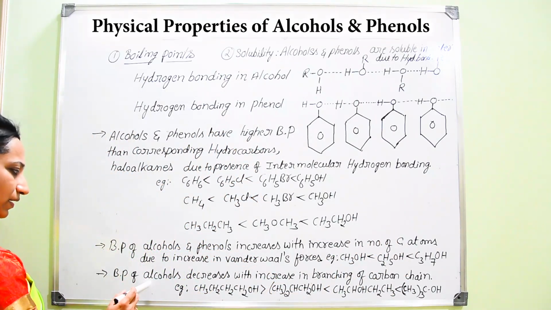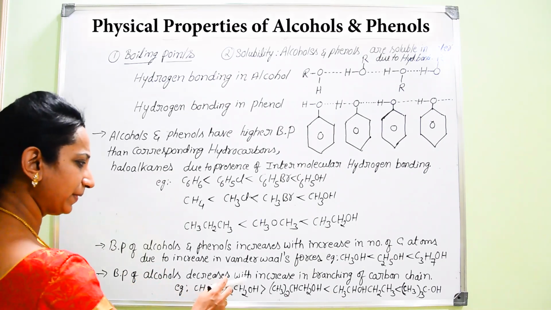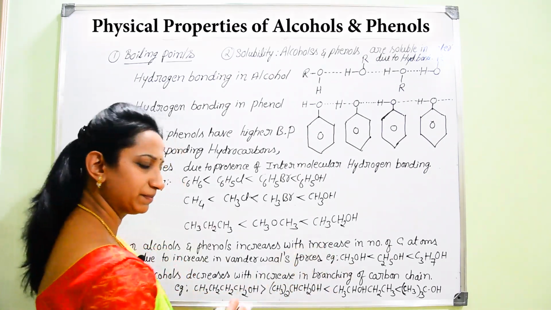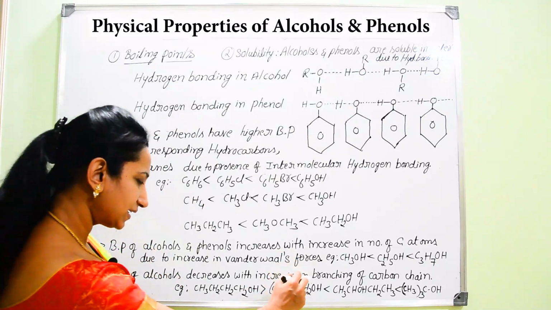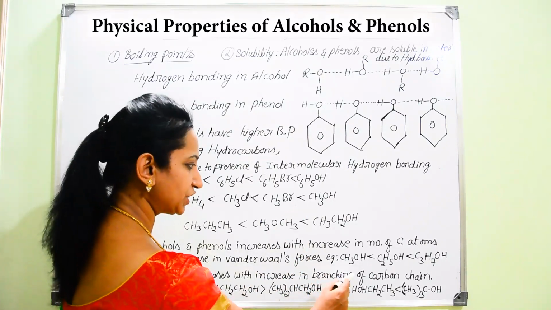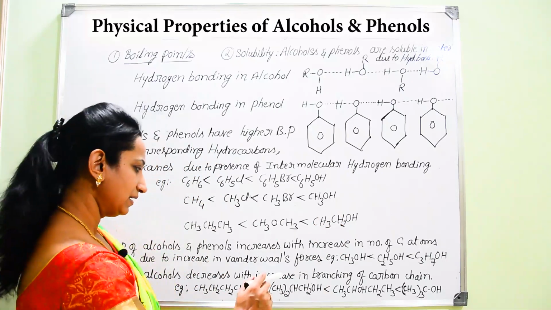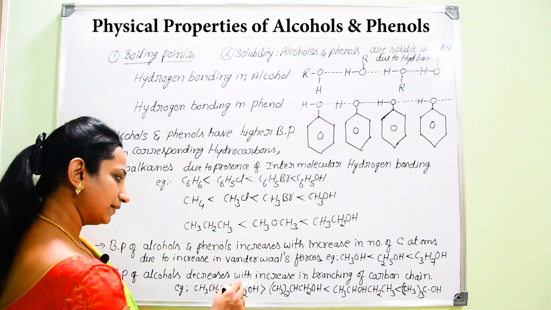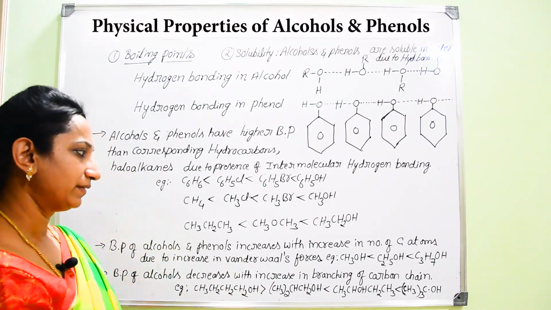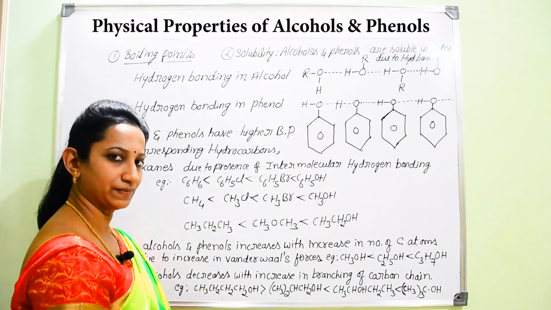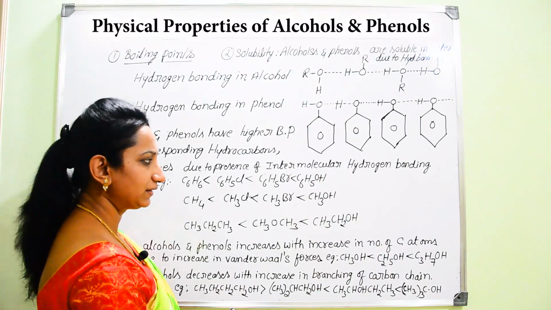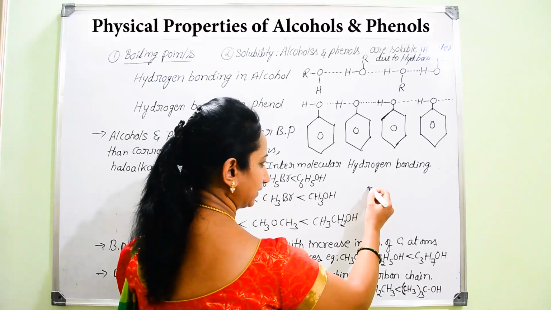Next, in a similar way, if the boiling points of alcohols are compared with respect to straight chain and branched chain, as there is an increase in the branching of the carbon chain, there will be a decrease in the boiling point. So, it will be in reverse order. If you consider the length of the chain, it will be like this.